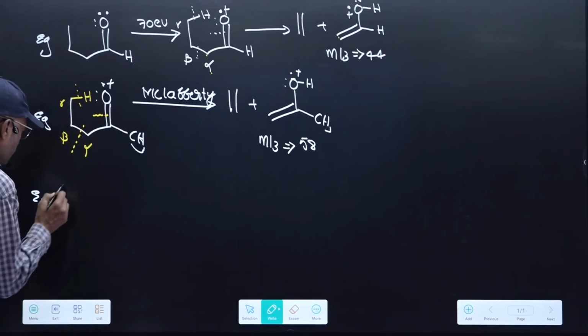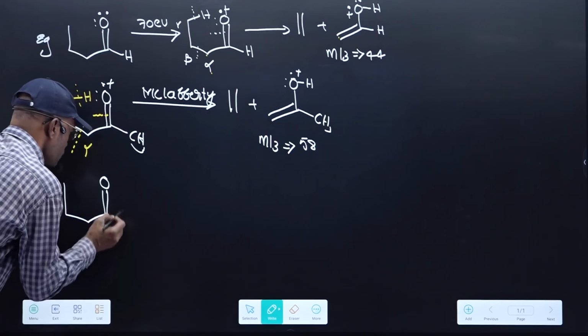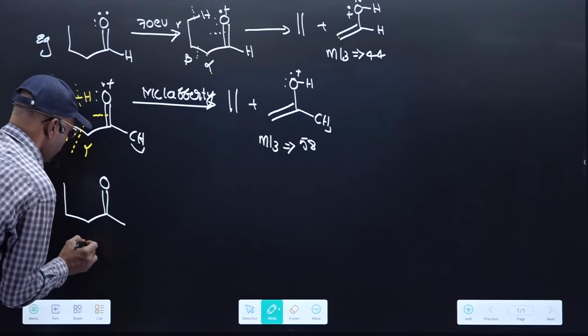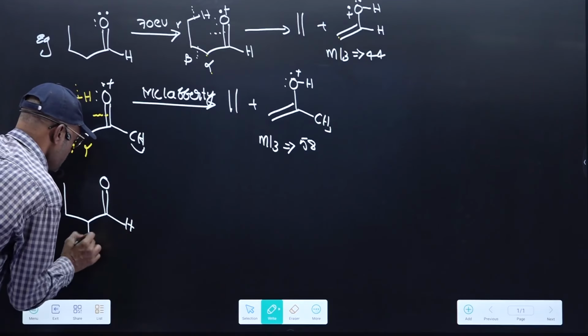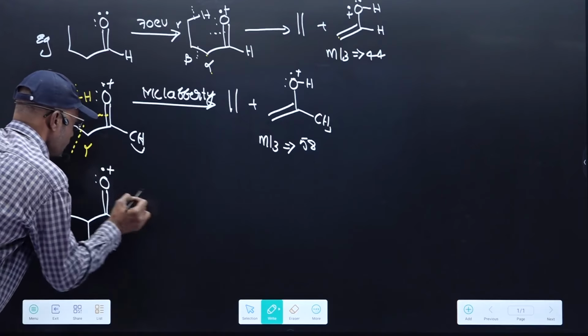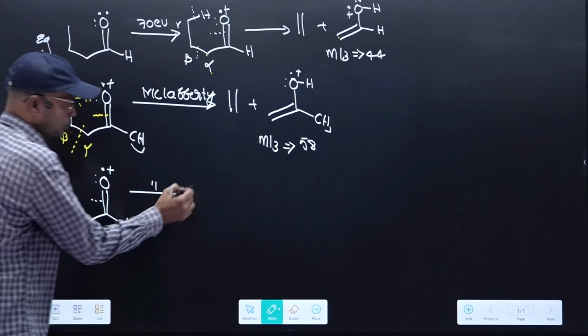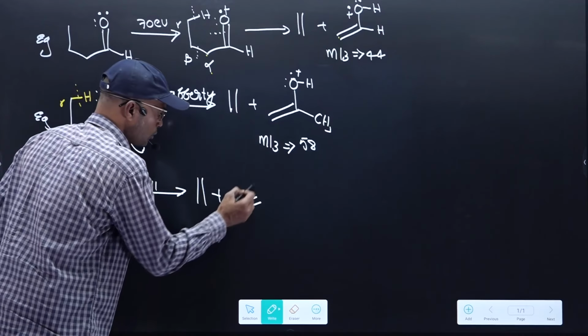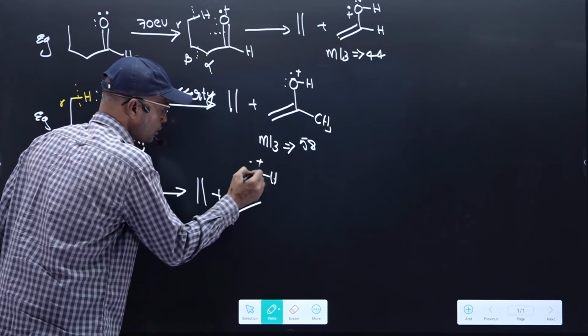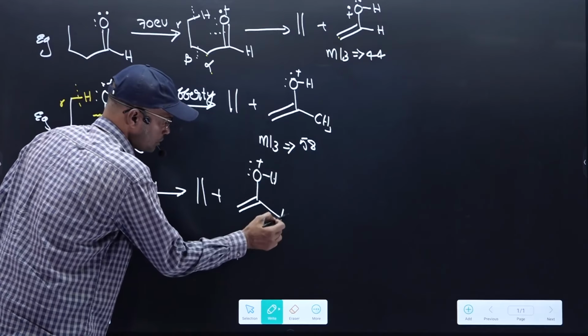Now, give the mass fragmentation of this one. This is aldehyde and this is methyl. Here this is radical cation. What is the McLafferty fragmentation? First write alpha, beta, gamma. Then break at beta. Put double bond at alpha and beta like this. You will get a double bond and here one more double bond, and here radical cation, and this is hydrogen and this is methyl.